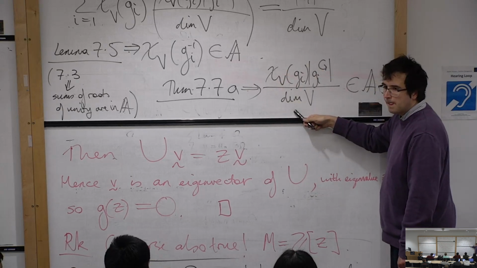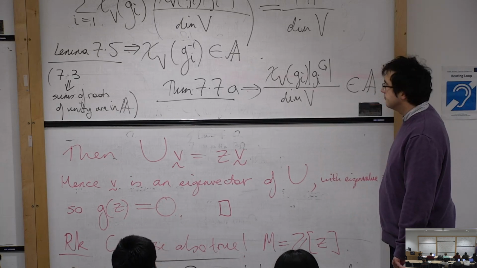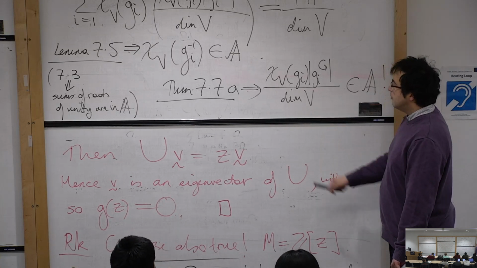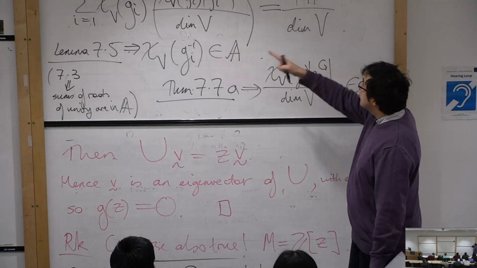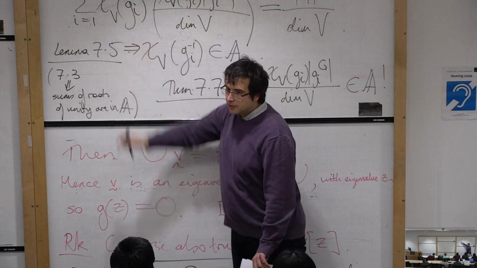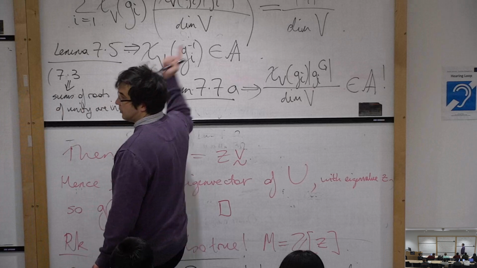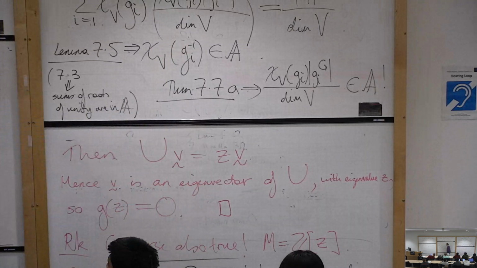It's an algebraic number, but the claim is actually it's an algebraic integer. So if you believe this for a second, then the proof's complete, because the left-hand side is a ring theoretical expression of algebraic integers, therefore an algebraic integer. And therefore the right-hand side is also an algebraic integer, and then that example which I did correctly told us we're done.